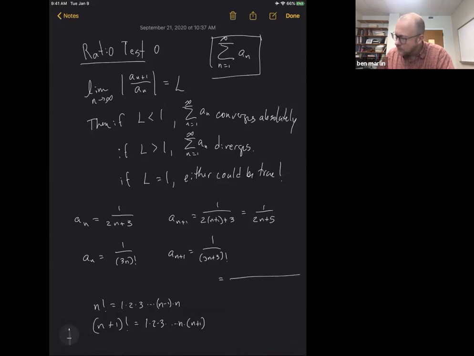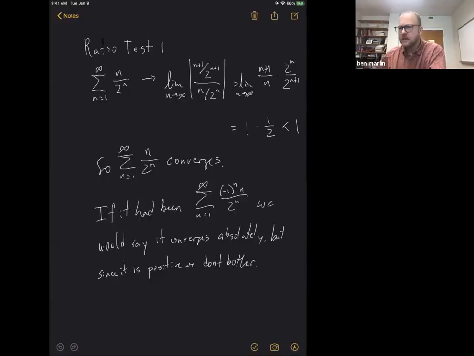So 1 times 2 times and on up to the 3n, but also the 3n plus 1, the 3n plus 2, and the 3n plus 3, okay? So when you had that plus 1 on this, it actually added 3 terms because it's got to get all the stuff that's in between, okay? So factorials are a little bit tricky, but this particular test is going to make stuff that we're doing with them a little bit easier to mess with, all right?